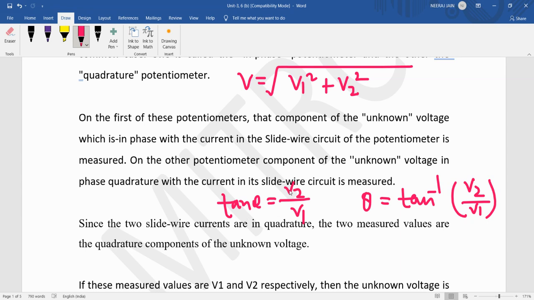In this manner, we can calculate the voltage and theta.